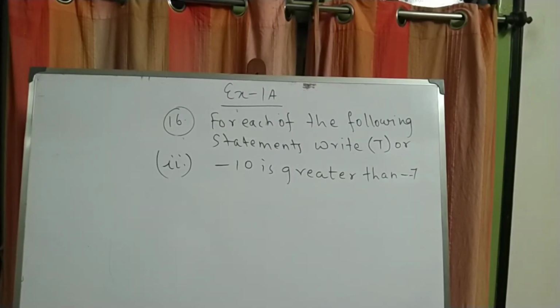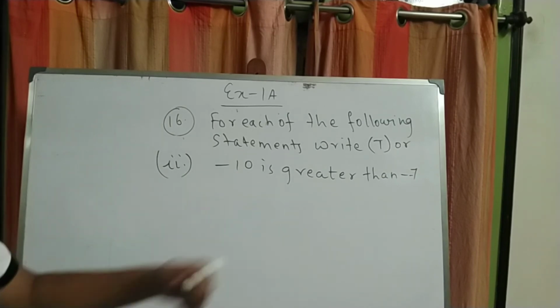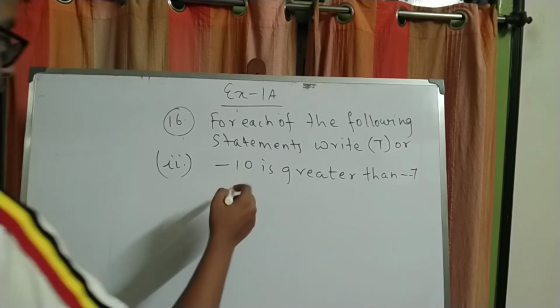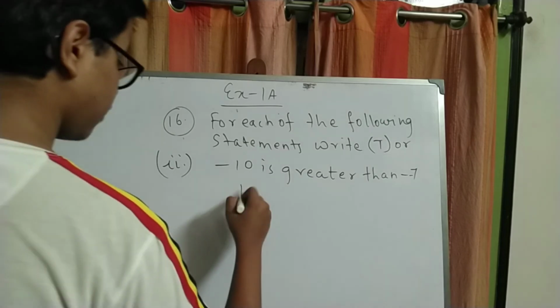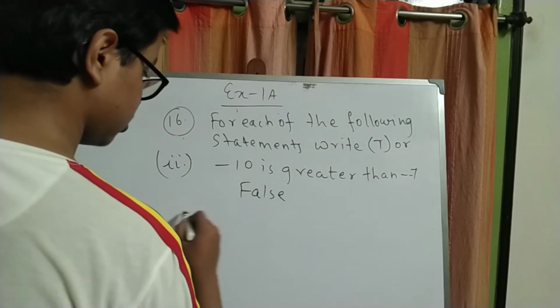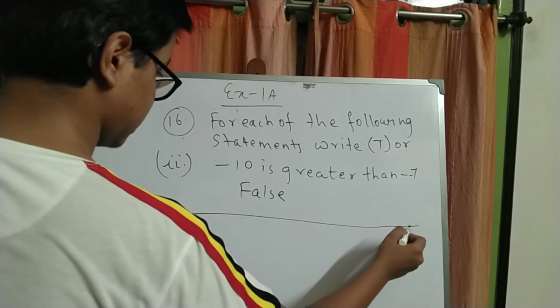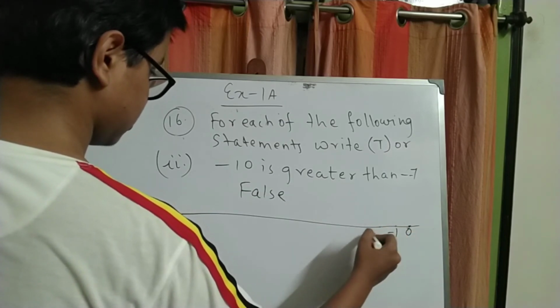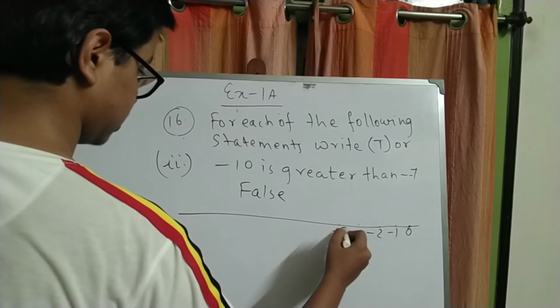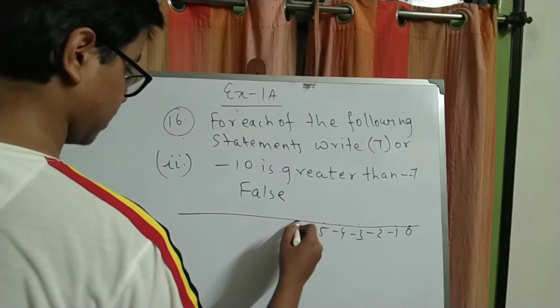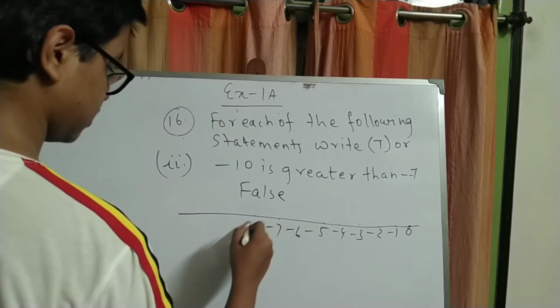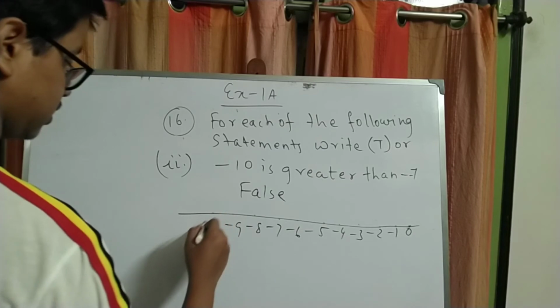Now I will do question number 2. Minus 10 is greater than minus 7. This is absolutely false, because I will show you one example. Suppose this is a number line: 0, minus 1, minus 2, minus 3, minus 4, minus 5, minus 6, minus 7, minus 8, minus 9, minus 10.